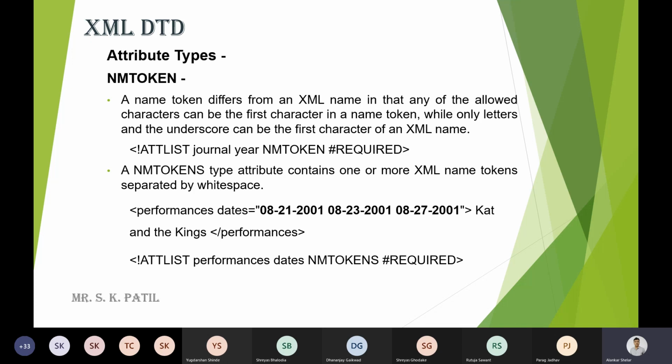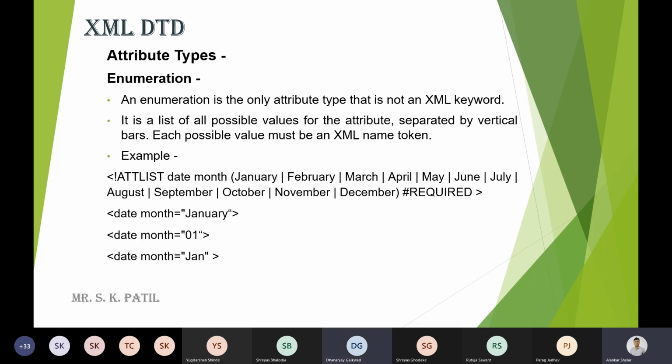Performances is your element and date is your attribute, and date is given like this: 8/21/2001 space 8/23/2001 space 8/27/2001. So three dates are available, right? So it is with spaces. So it is nothing but an NMTOKEN. You can mention it in this way. So multiple values are possible for your attribute. Okay. So it is an advanced feature of the DTD.